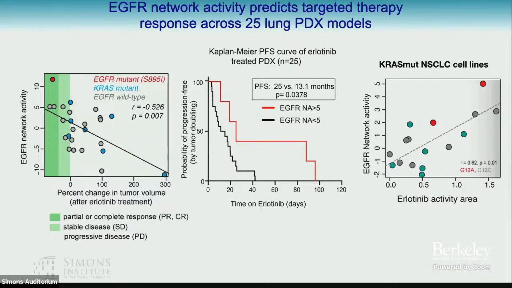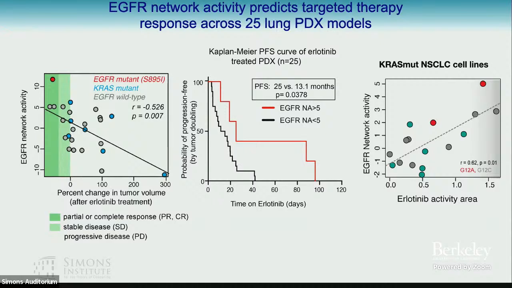And each of these dots indicates an independent tumor from a different patient implanted into a mouse, then treated with an EGFR inhibitor, in this case, erlotinib. If the tumor grew after treatment, that's these cases here, where the tumor doubled, tripled, or quadrupled after treatment. So these are progressive tumors. And the tumors in green then are the ones that responded or shrank after EGFR treatment.